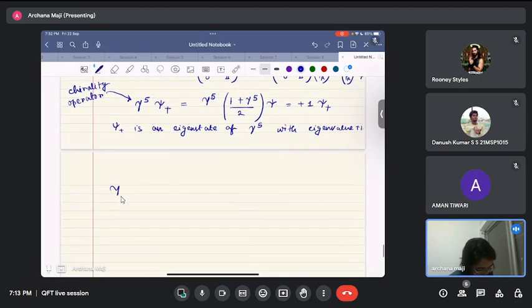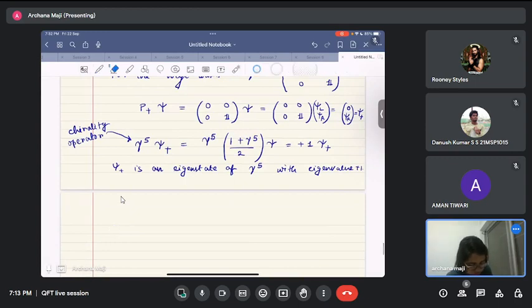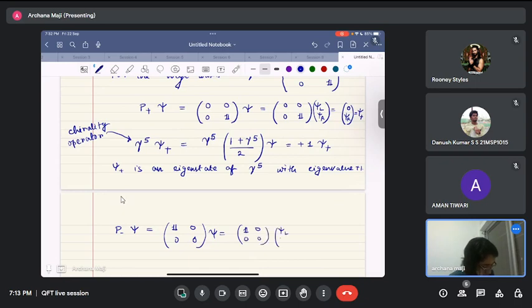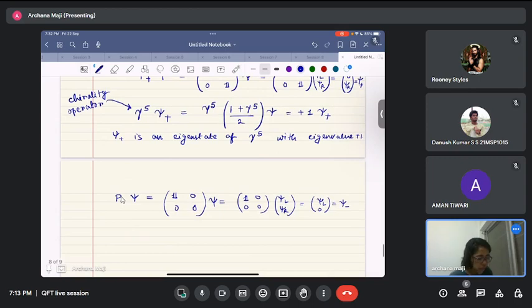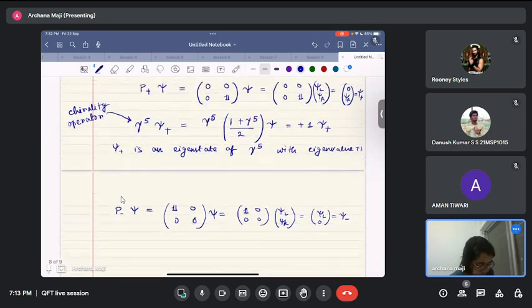Likewise, P minus acting on psi will be 1, 0, 0, 0 acting on psi L and psi R. So this will become psi minus. Psi plus has eigenvalue plus 1, and this is called the right-handed spinor.